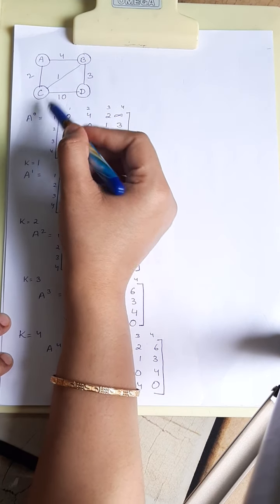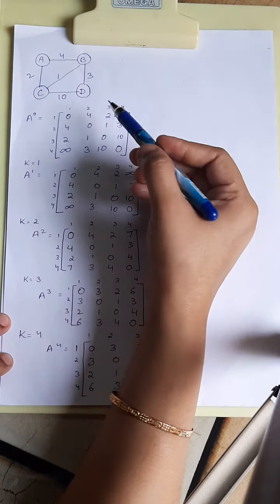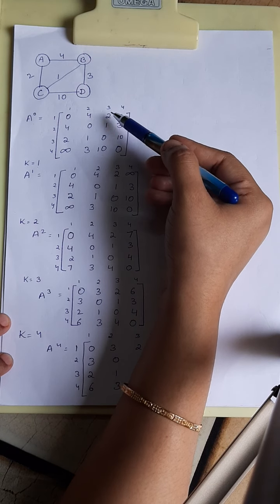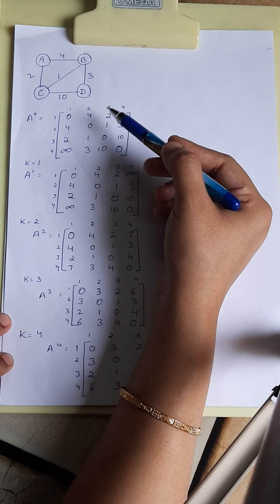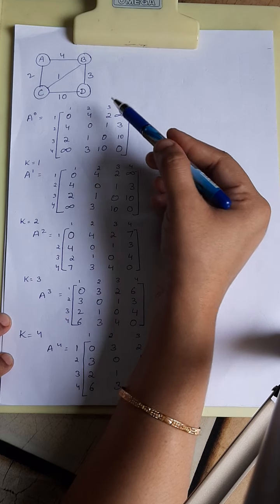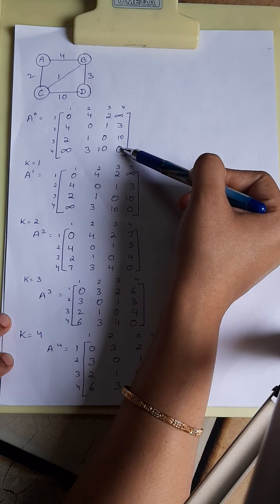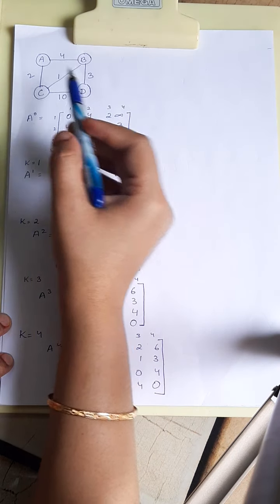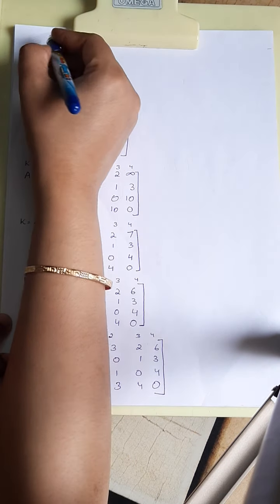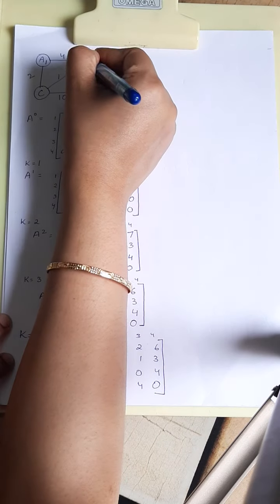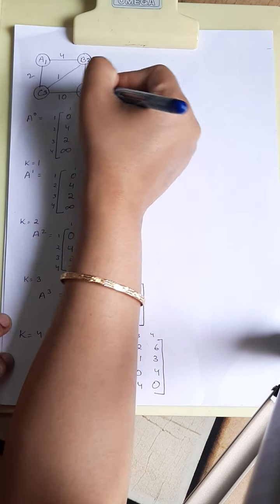In this case, we will calculate A naught: if you are having a direct edge, then we are going to write the value which is given, otherwise we will write infinite. Now as we are not having any self loop, we will write 0 in the diagonal elements. Now see, A is 1, B is 2, C is 3 and D is 4.